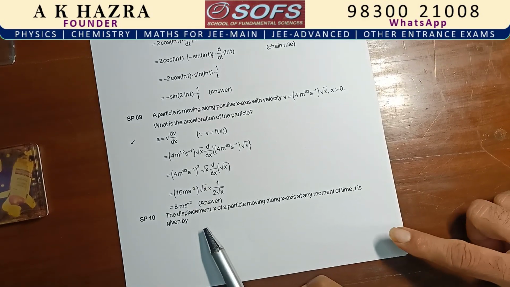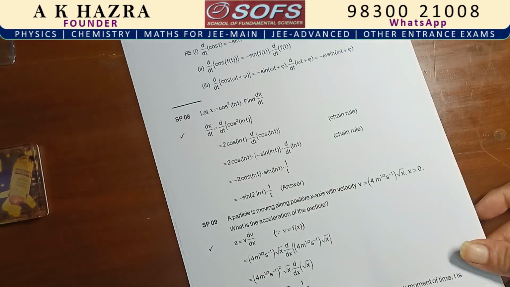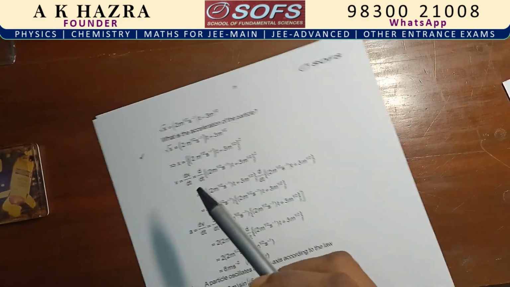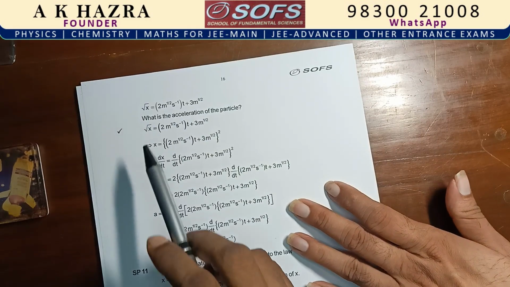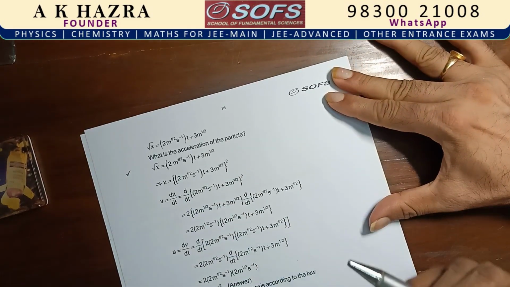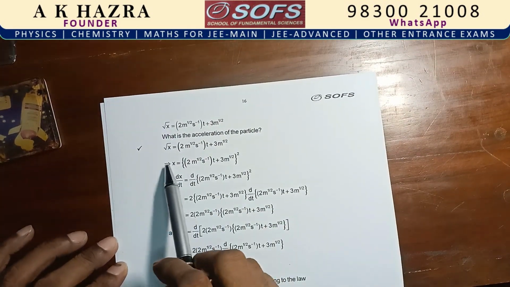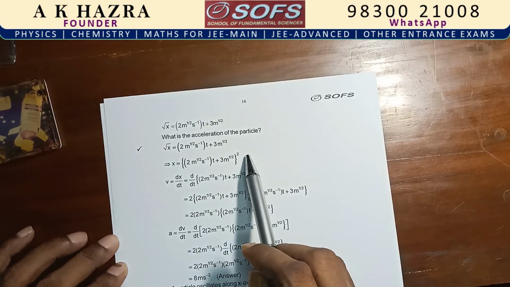SP10. The displacement of the particle as a function of time at any moment is given. Root x equals this, it is given. We have to find the acceleration of the particle. So root x is given, squaring both sides, so x equals the square.